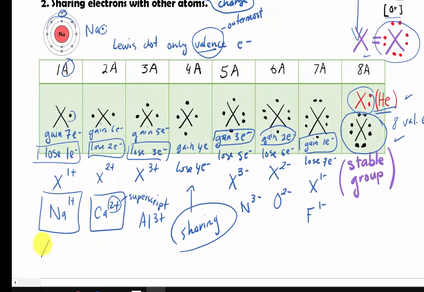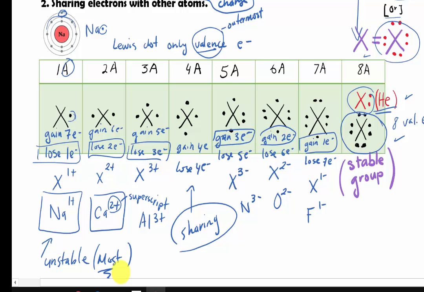This is one of the most unstable groups on the periodic table, because all you have to do is lose one electron. All the elements in group 1A are extremely unstable. That means they will react with almost anything. For that reason, most of the elements in 1A are combined with other elements. They exist in a compound.